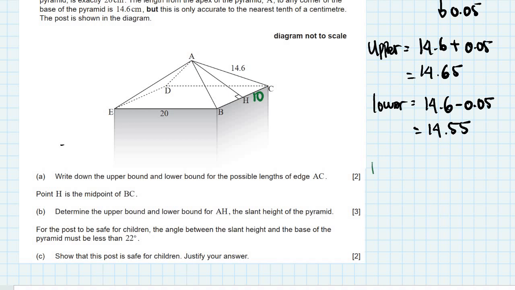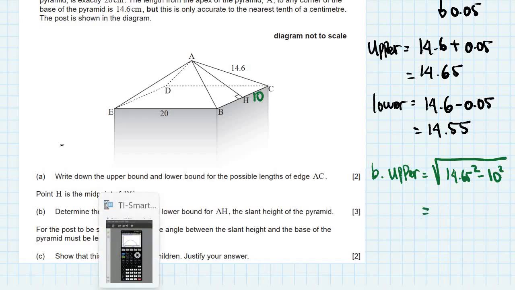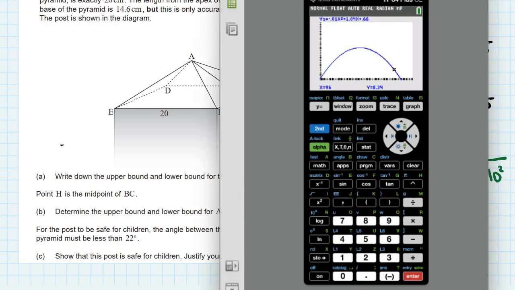So for question B, the upper bound will be equal to the square root of, we pick the upper bound as well, which is 14.65. 14.65 squared minus 10 squared. Let's input it to our calculator.